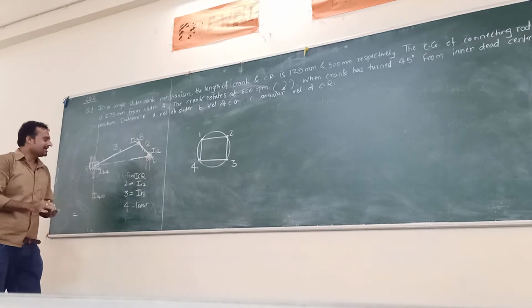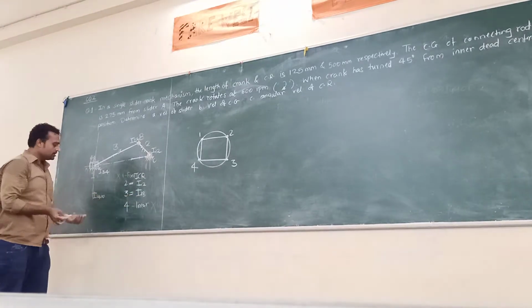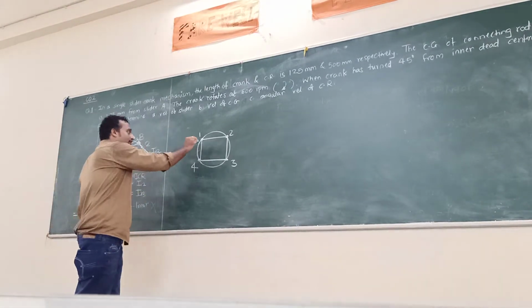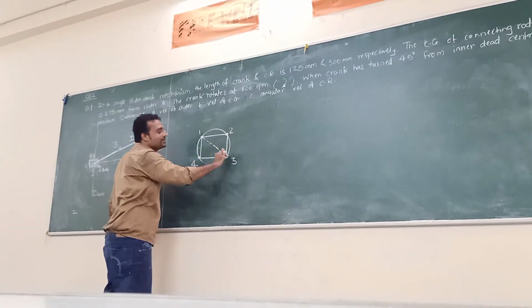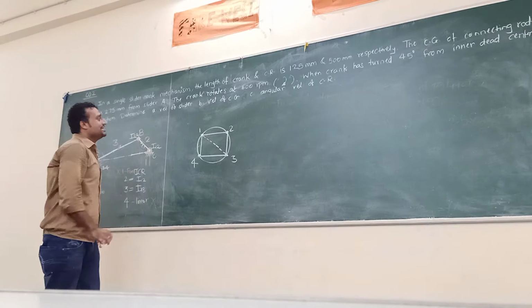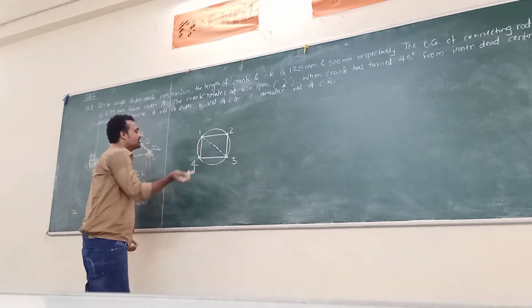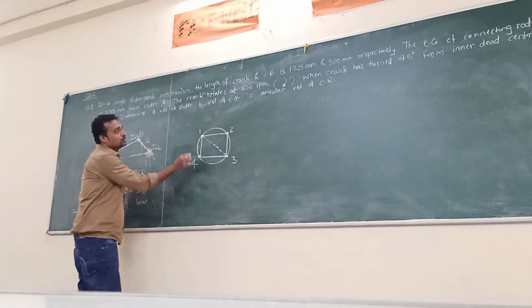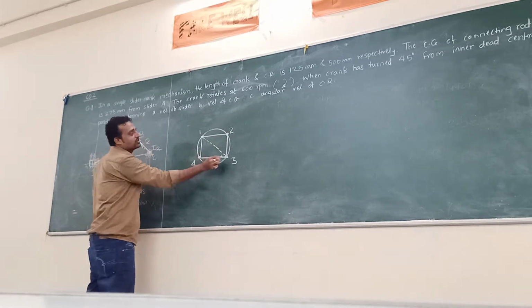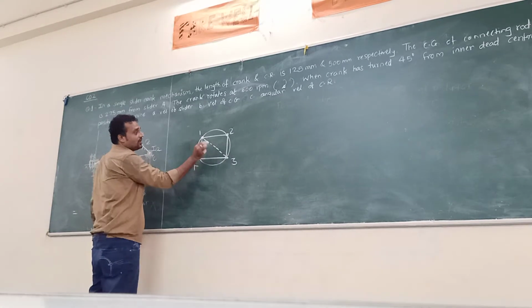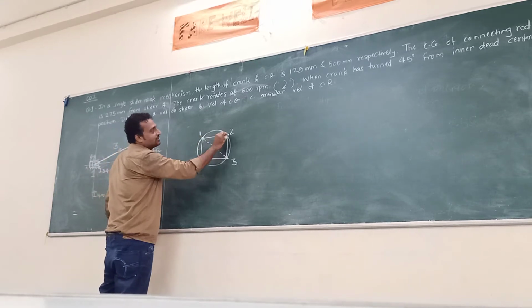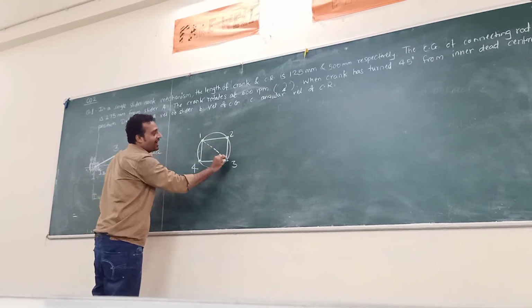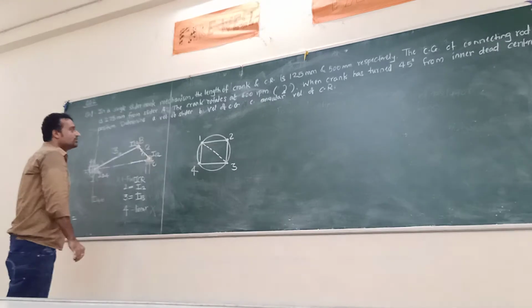Now the ICR that I have to find here is I13. If this line 13 is a common side of 2 triangles, then I can locate I13. It is the common side of 2 triangles here, 1, 2, 3 and 1, 4, 3. So I13 will be on the straight line of I12 and I23 according to Kennedy's theorem.